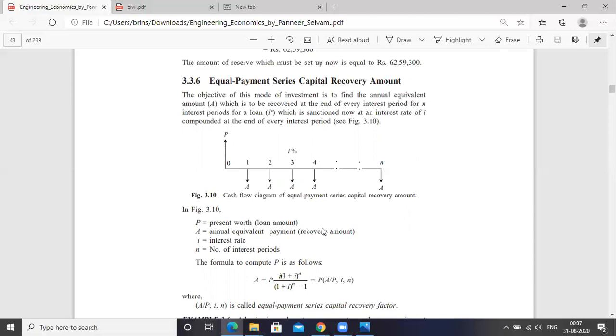The principal worth is P into 1 plus I power n at the end of n years. So this amount will be recovered by receiving an equal annual amount A.